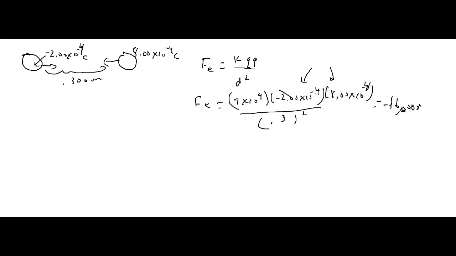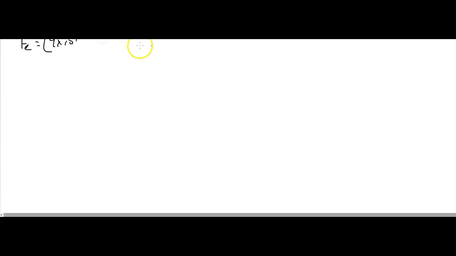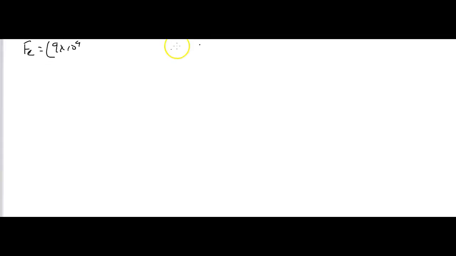All right, going to do problem number 2 now. I don't know if the answer is correct, so I'm going to double check right now. Okay, so I have 2 charged particles. That means force of electricity is equal to K, 9 times 10 to the ninth, times, positive in this case, 6.00 times 10 to the negative fourth.